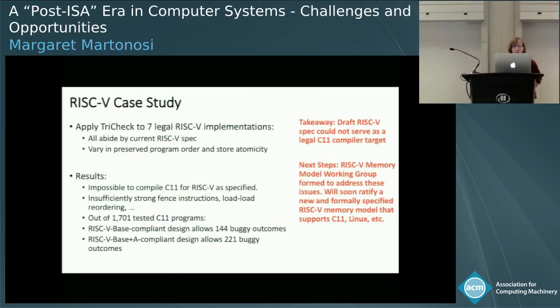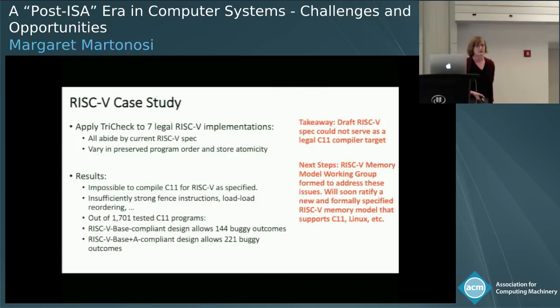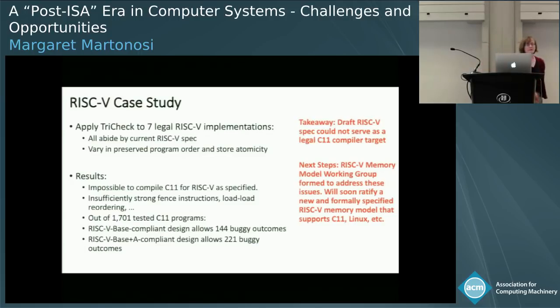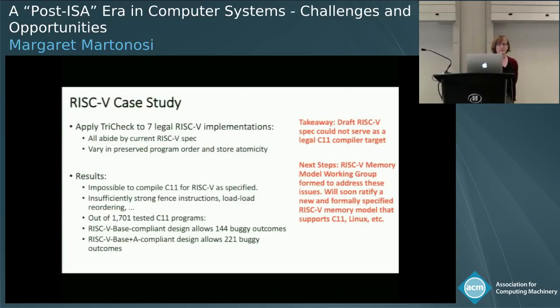So one of the case studies that we worked on, about 1.5 or 2 years ago when we started this work, was the RISC-V instruction set architecture, which was in the process of being released with a draft specification. We took the draft specification and came up with 7 possible pipeline implementations for it, all of which are legal.